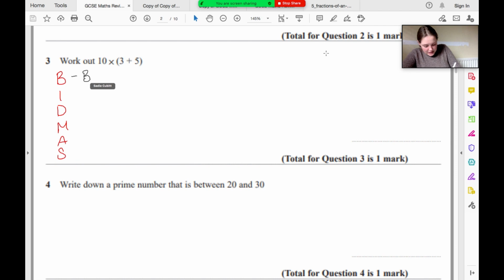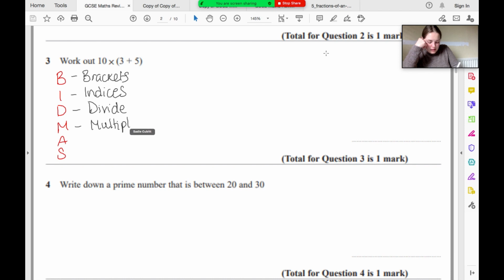So BIDMAS stands for brackets. B stands for brackets. I stands for indices. I'll tell you what they are in a second. D stands for divide. M stands for multiply or multiplication. A stands for add or addition. And S stands for subtract or subtraction. Okay?